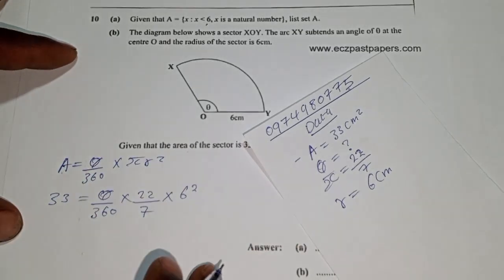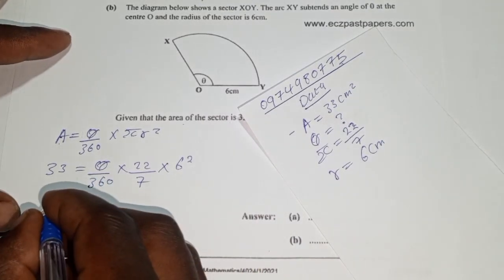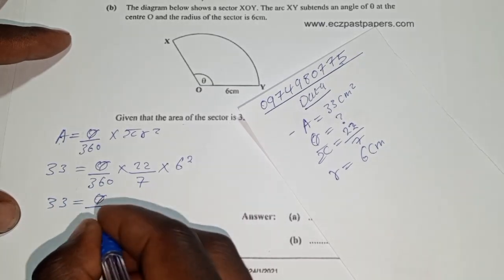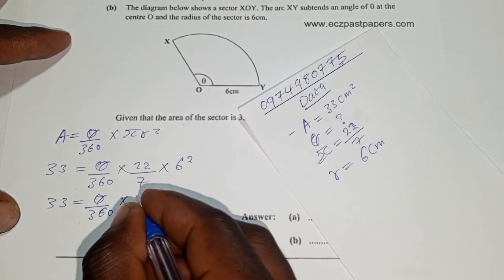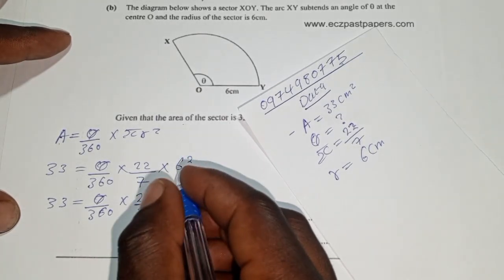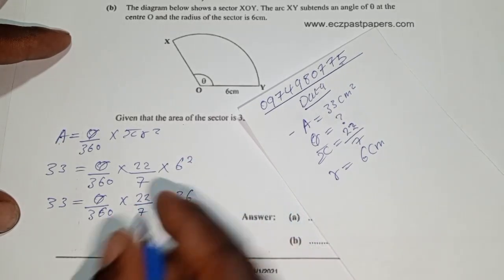Don't forget the power there. Then from here we can say 33 is equal to theta over 360 times 22/7 times, here we can expand. We know that this simply means 6 times 6, where we're going to get 36.